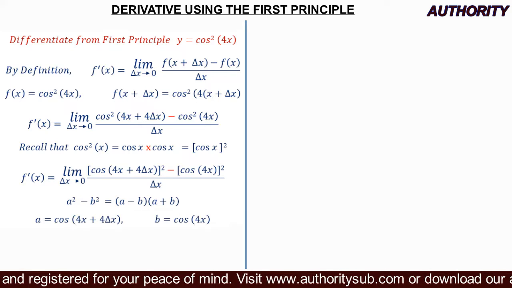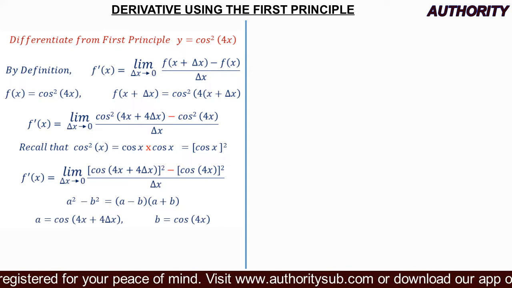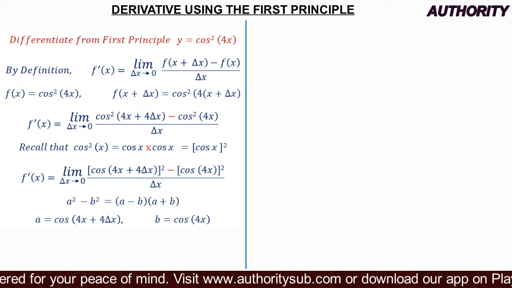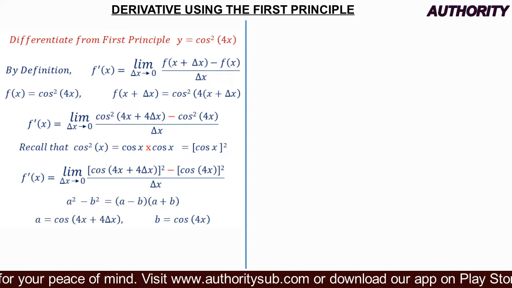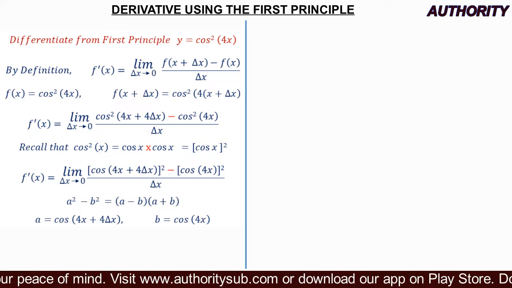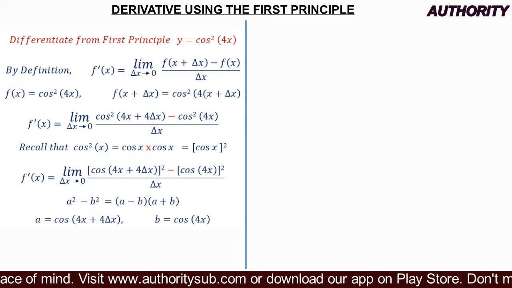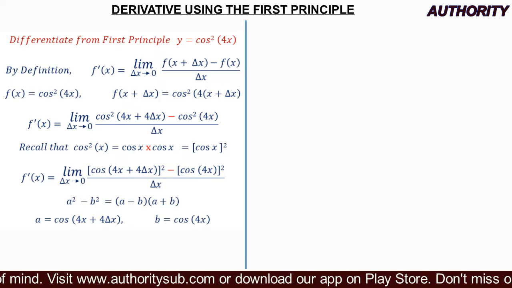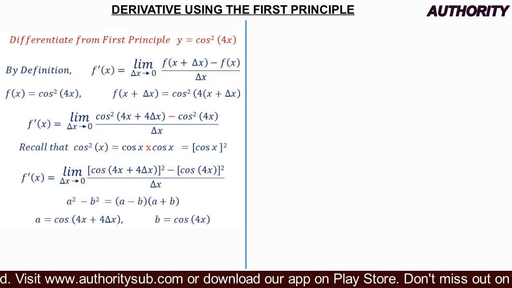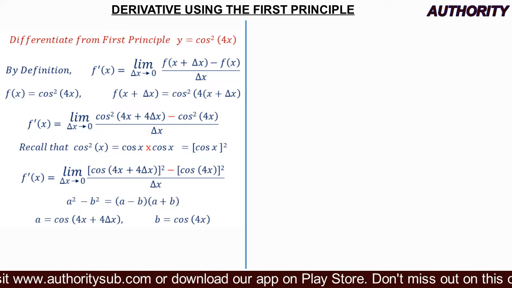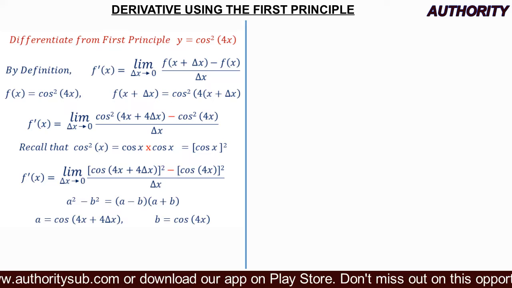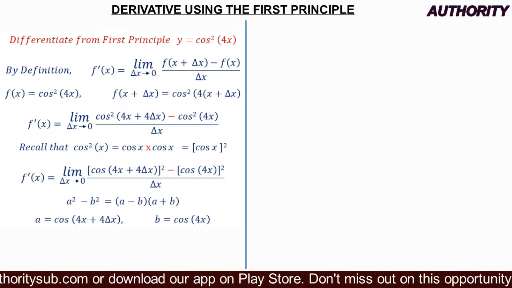Now look at it. What do we have here? We have cos of 4x plus 4 change in x squared. We can call this our a. And then we have minus cos 4x, all in bracket, squared. We can call this our b, so that it will look like a squared minus b squared. Let's declare it as a variable here.